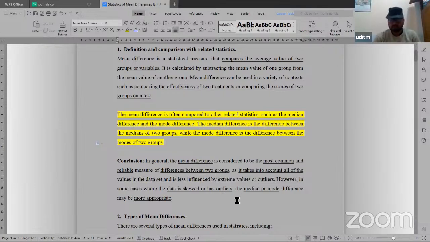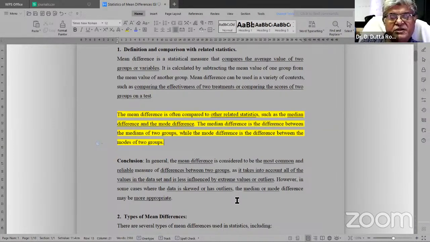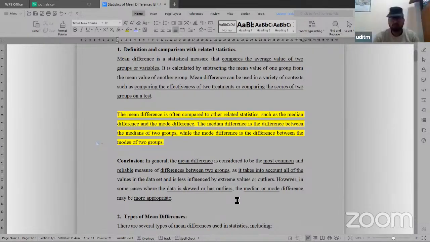If extreme values are there, then the mean will be affected, no? Because the distribution will be skewed. Yes, sir, the mean is automatically affected. It will not be a normal distribution. If it is the median, then it is not affected. But it is a mean, so definitely it will be affected. This line is not clear. Okay, sir. Please modify.